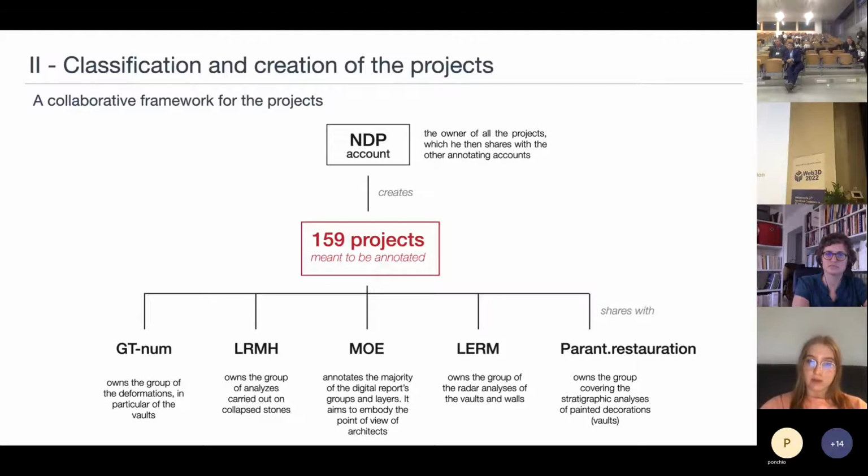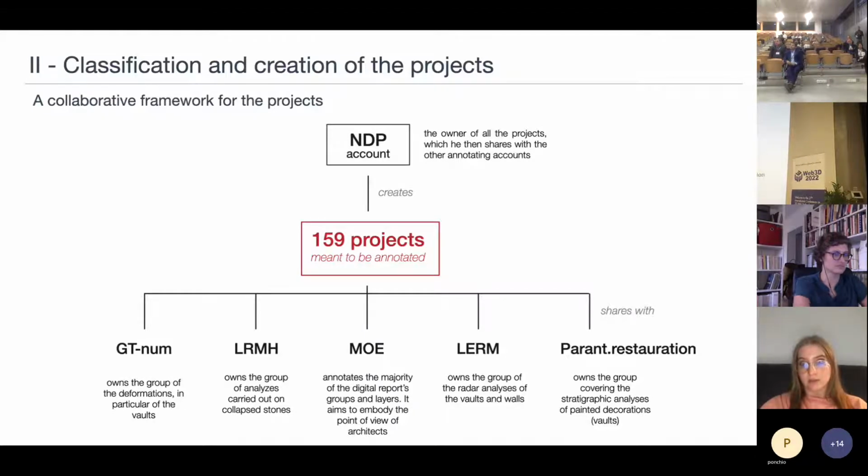So for example, MOE, which stands for the architects, was the user that would annotate every observation made by the architects in the digital report. And we also had accounts like LRMH and LERM, Pierre Restoration and GTNUM, who were more on the scientific analysis.